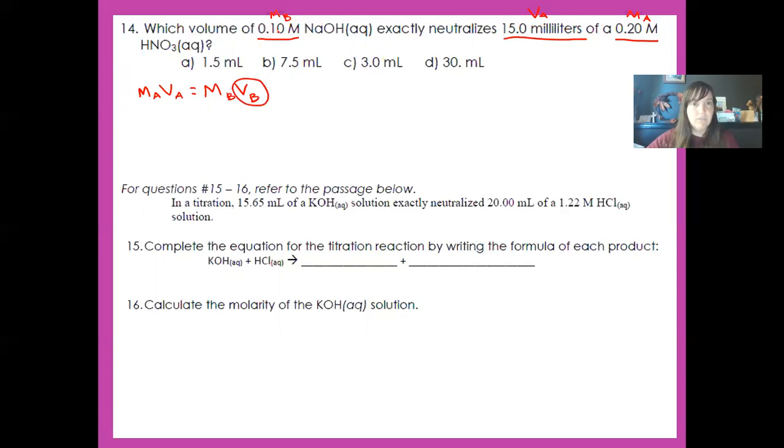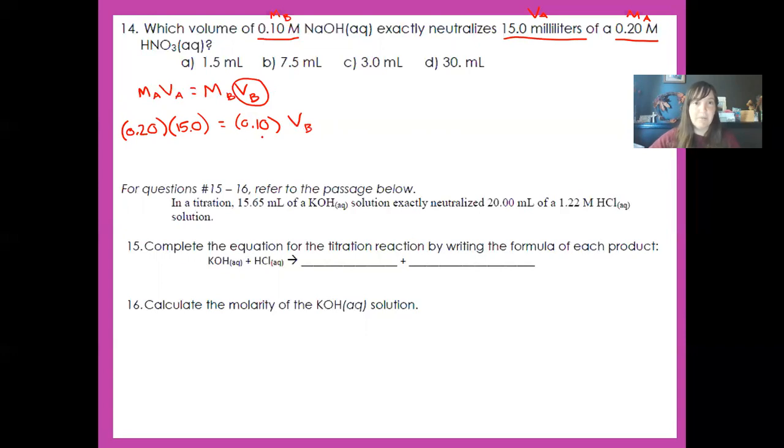And it says which volume of sodium hydroxide exactly will neutralize that much. So let's solve for VB by putting in numbers for everything else. MA is 0.2, VA is 15 milliliters, MB is 0.1 molar, and VB is what we're solving for.